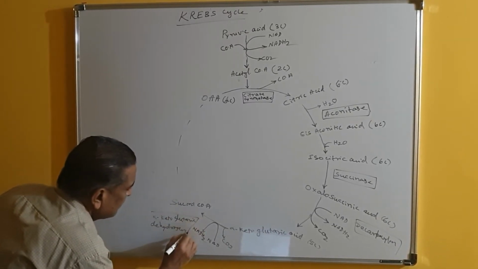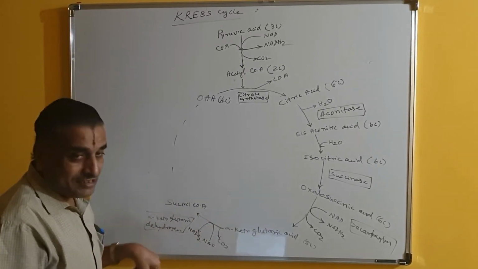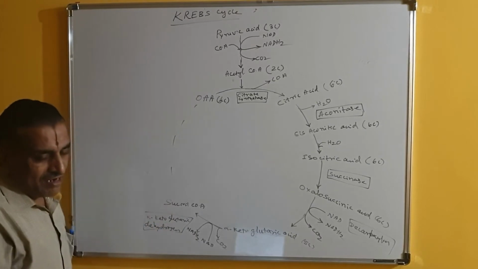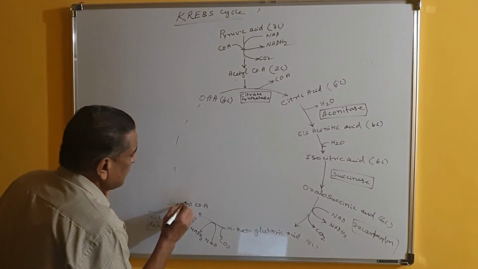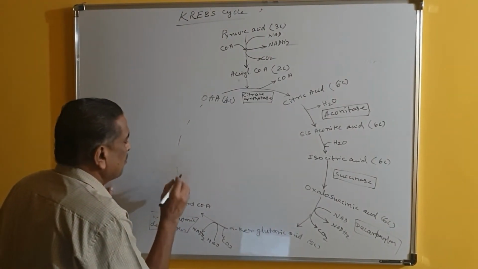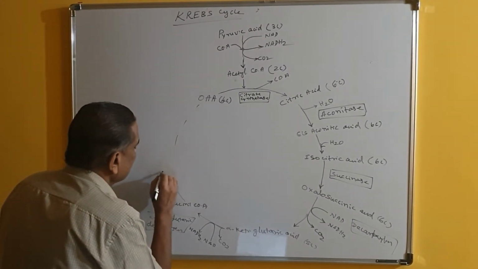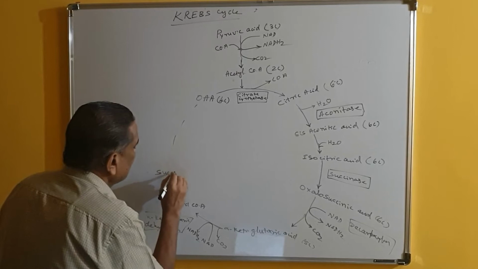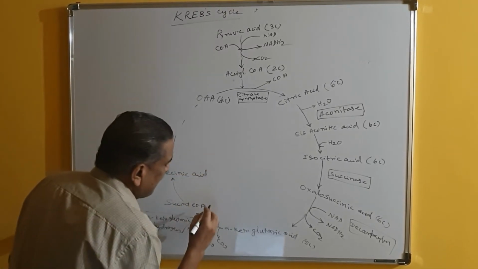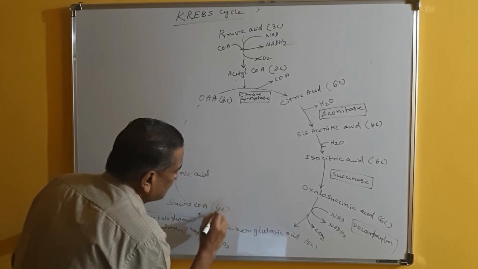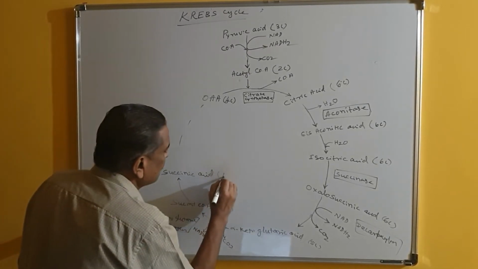This is the enzyme responsible, because from alpha-ketoglutaric acid one molecule of hydrogen is removed. And succinyl coenzyme A, the carbon content is 4 carbons, because one more carbon dioxide has gone now. It is only 4 carbon.